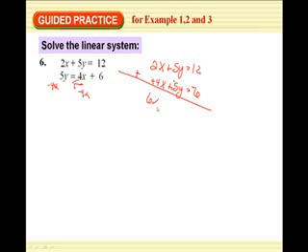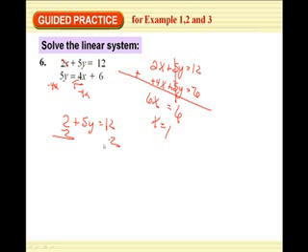So that's going to be 6x, those cancel out, equals 6. X equals 1. Let's put 1 in right here. So 2 plus 5y equals 12, minus 2, minus 2, 5y equals 10, divide by 5, y equals 2. So 1, 2.